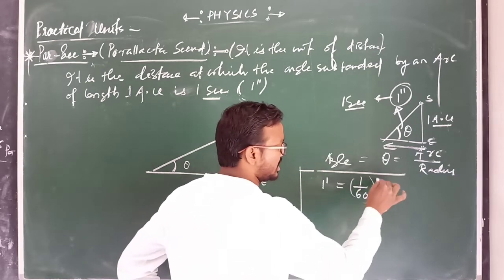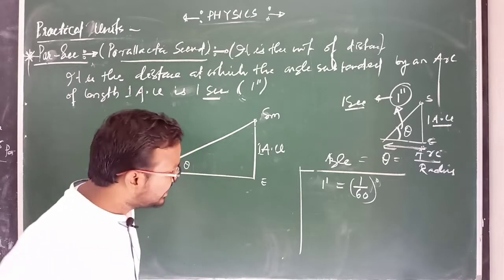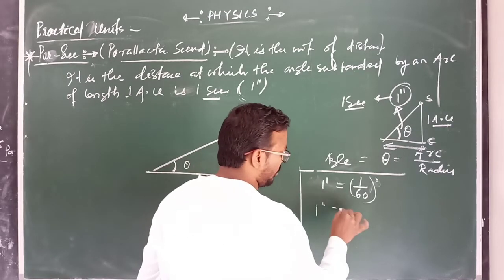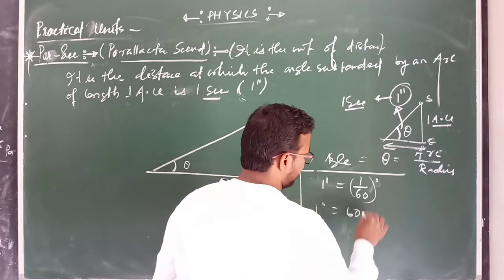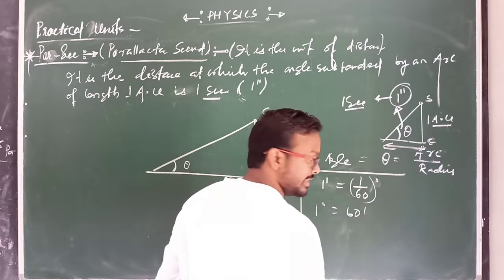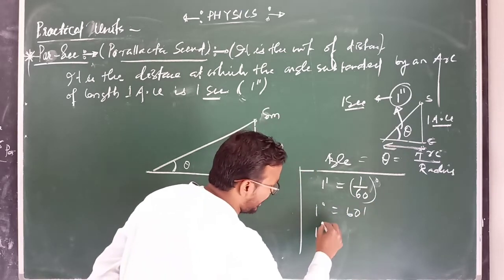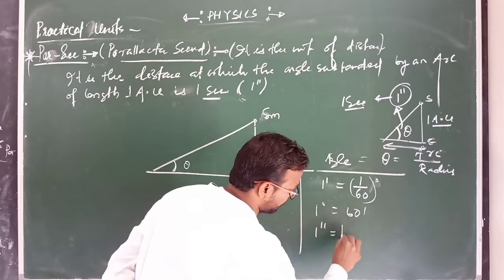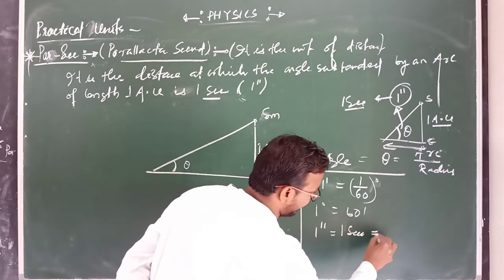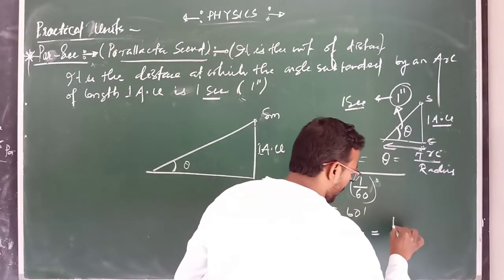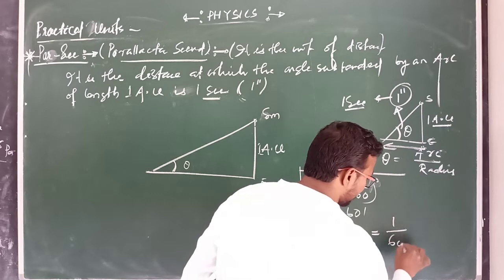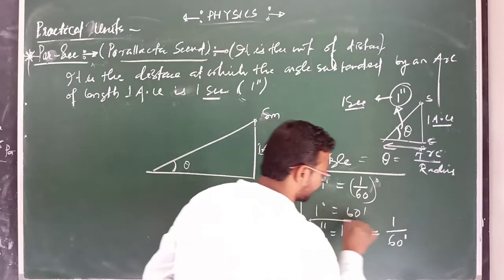Clear? Or 1 degree is equal to 60 minutes. In this way 1 second is equal to 1/60 minute.